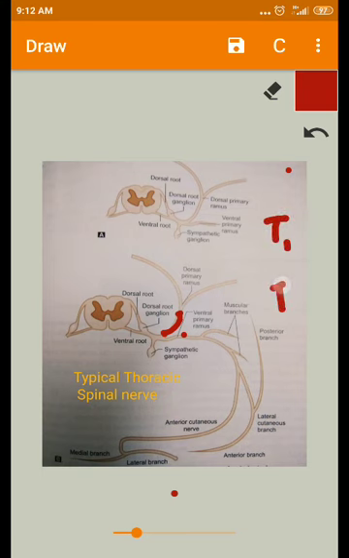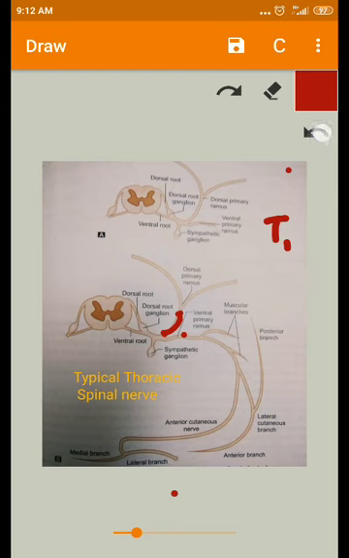Because these nerves have a course in the intercostal spaces, so they are called intercostal nerves. We have 11 intercostal spaces, so 11 intercostal nerves. We also have T12, but T12 is not considered an intercostal nerve, and it is called the subcostal nerve.